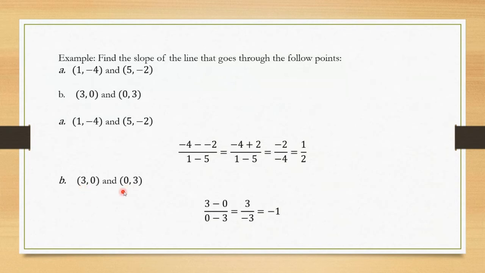If we were to increase x, the y's are decreasing. A bigger x coordinate gives us a smaller y coordinate. That's why the slope has to be negative. I hope that makes sense, what I'm trying to say. Let's do another example.